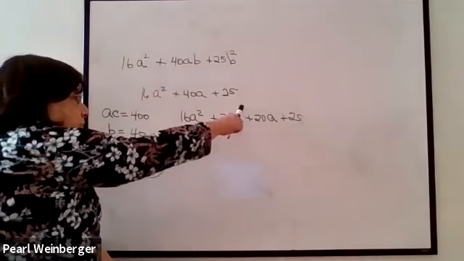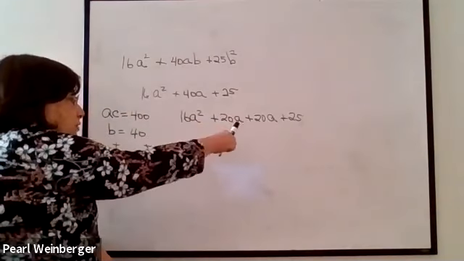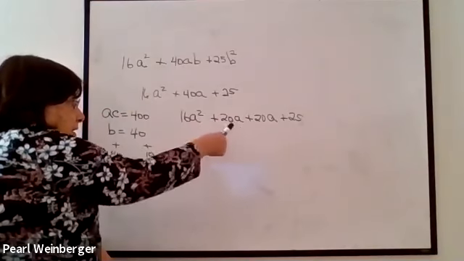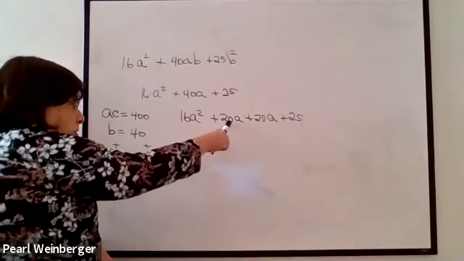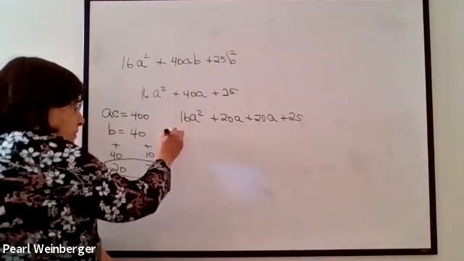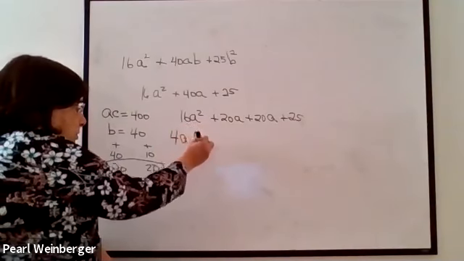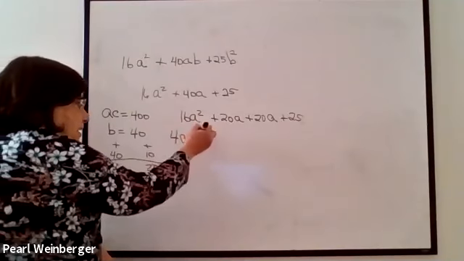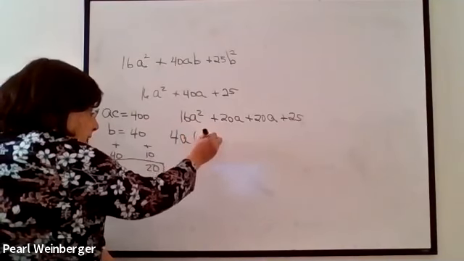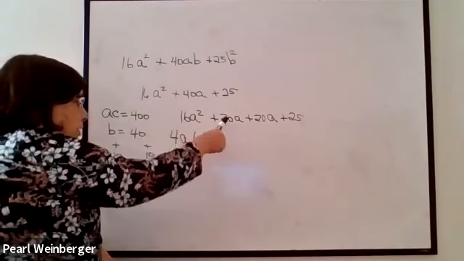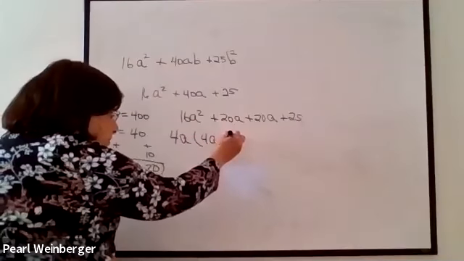Now, in my first group, 16a squared and 20a, between 16 and 20 the common factor is 4, and we have an a in both terms. So 4a into 16a squared is 4a, and 4a into 20a is positive 5.